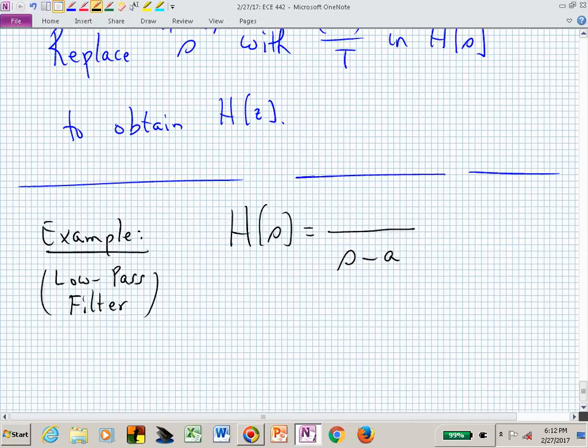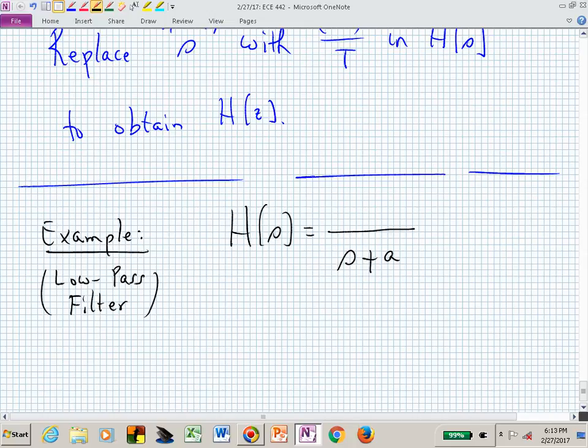Right-hand side or left-hand side of the s-plane? This one is s equals a, and if a is positive, that gives me a pole in the right-hand side. I don't want that, it would be unstable. So let's do s plus a. Now our pole is at s equals minus a. That's a stable location, a pole in the left half plane.